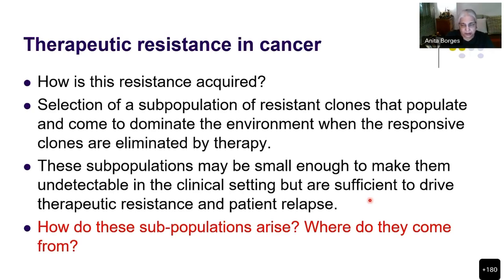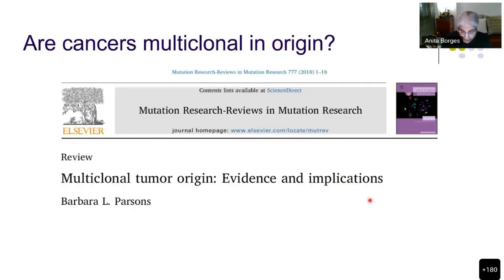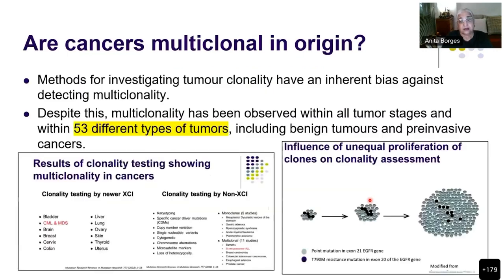Quite possible that is what is going on. But is it also possible that tumors are actually multi-clonal in origin? People are now beginning to believe that this is probably true in at least a certain proportion of tumors. And I'll show you some examples.